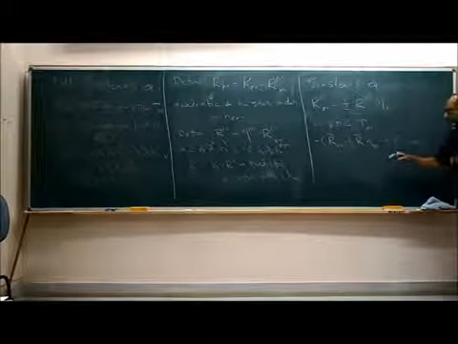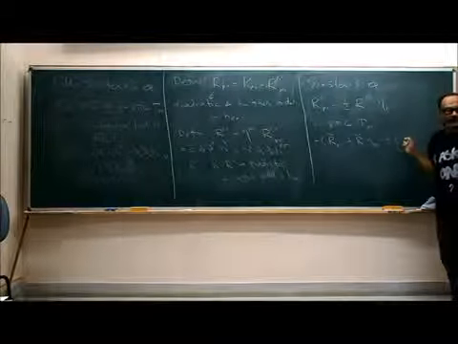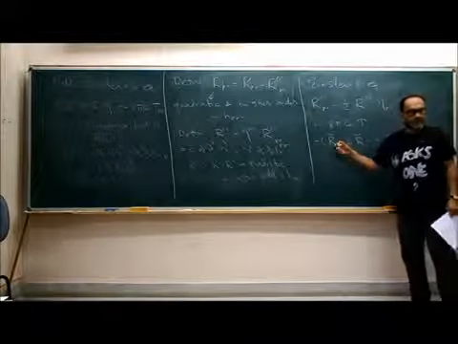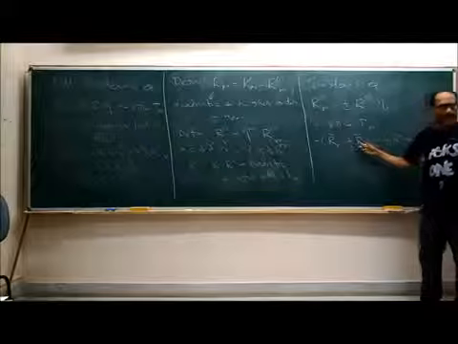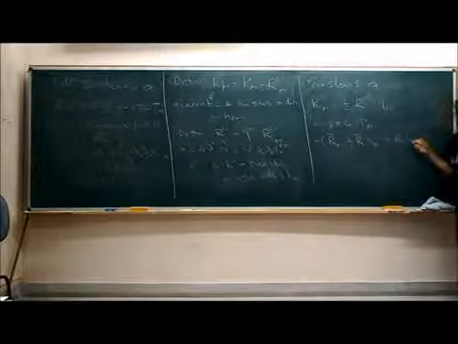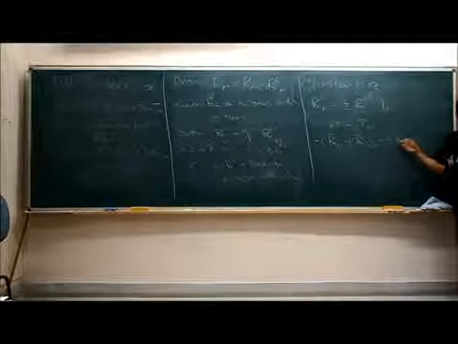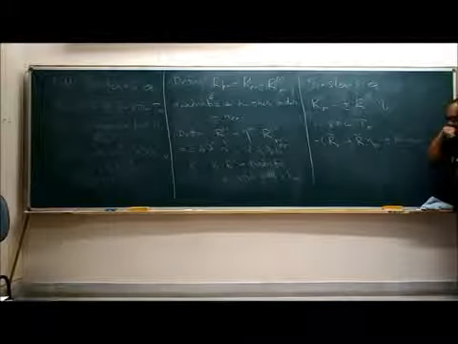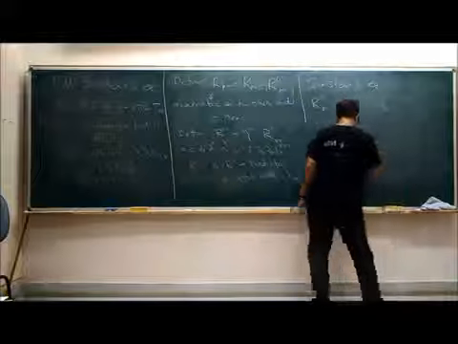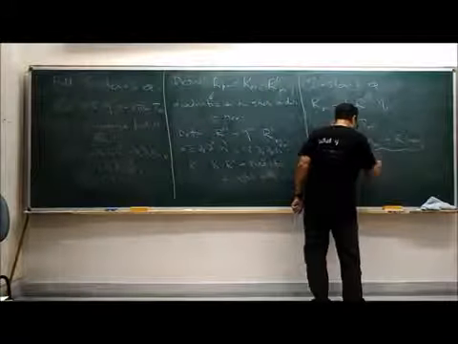The important point is that each term here, when you expand in powers of H mu nu, has quadratic and higher order terms in H mu nu. This one by construction is quadratic in H mu nu and higher order. This by construction is quadratic and higher order. This one, there is an explicit factor of H mu nu, and R of course contains linear and higher terms in H mu nu. So this is also quadratic and higher order. We now declare this to be 8 pi G times T g.